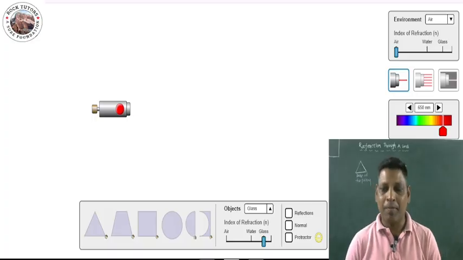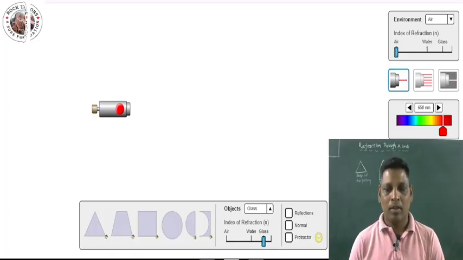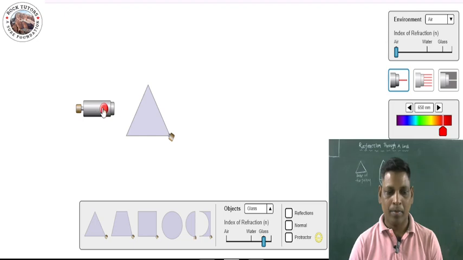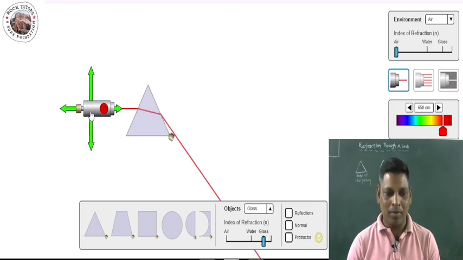In this activity, I am taking a prism. This is a light ray falling on the prism.